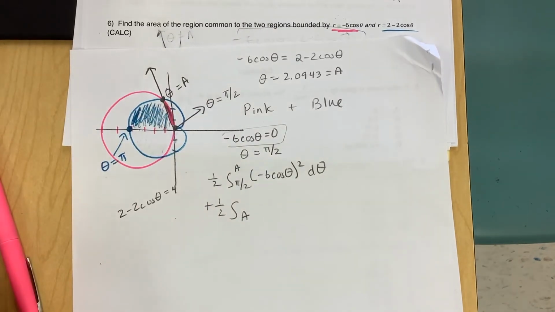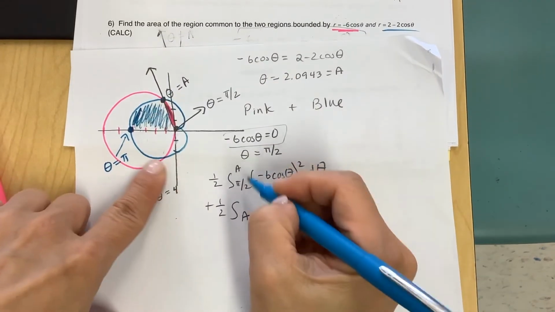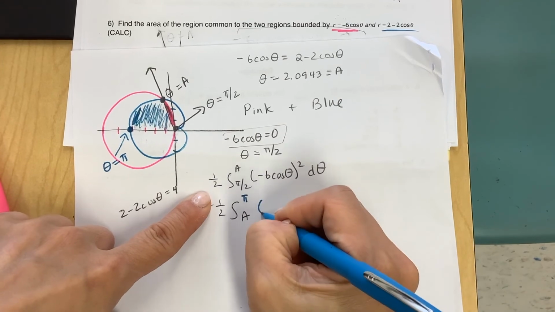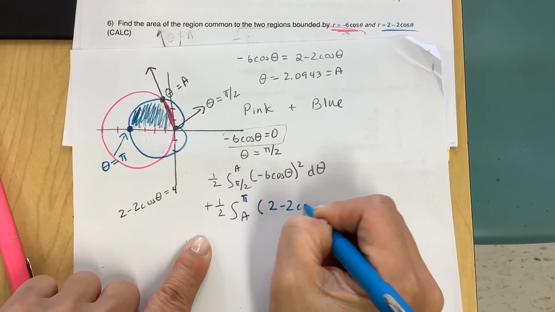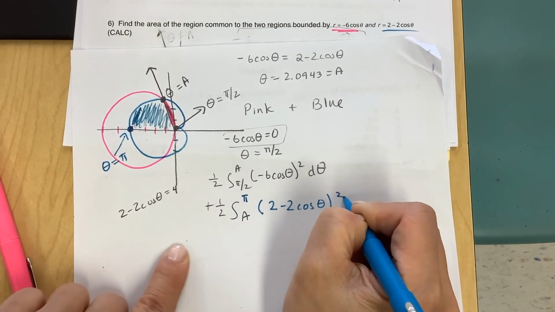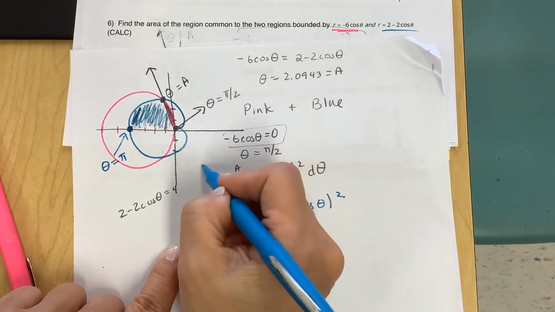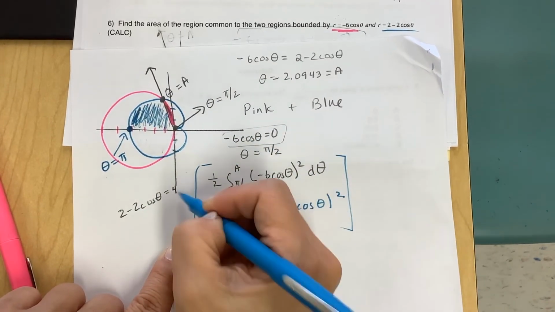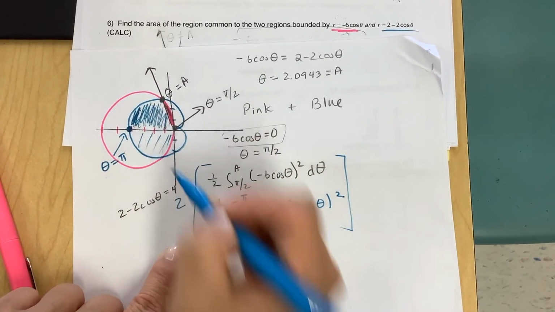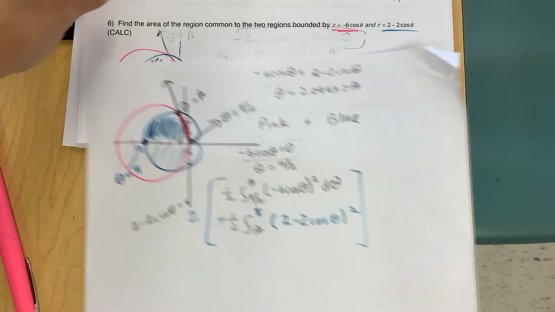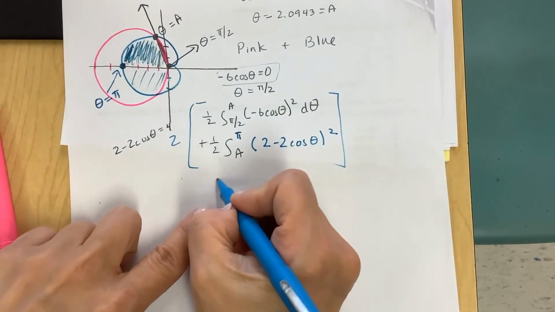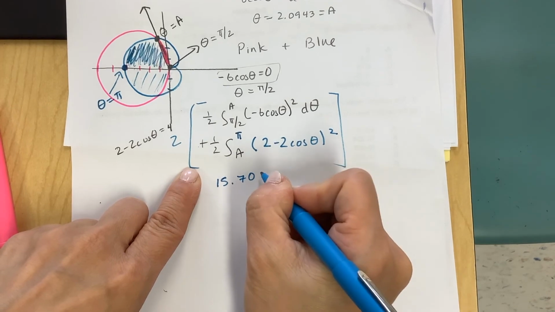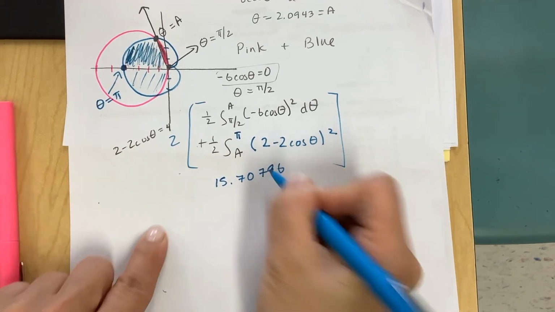So to get the blue region, we're going to integrate from A to pi, and only the blue curve, which is 2 minus 2 cosine theta squared. This will give me the entire area, but we talked about we're going to multiply by 2 so we can get this bottom piece down here. Go ahead and enter that into your calculator, and you should get a numerical answer of 15.70796.